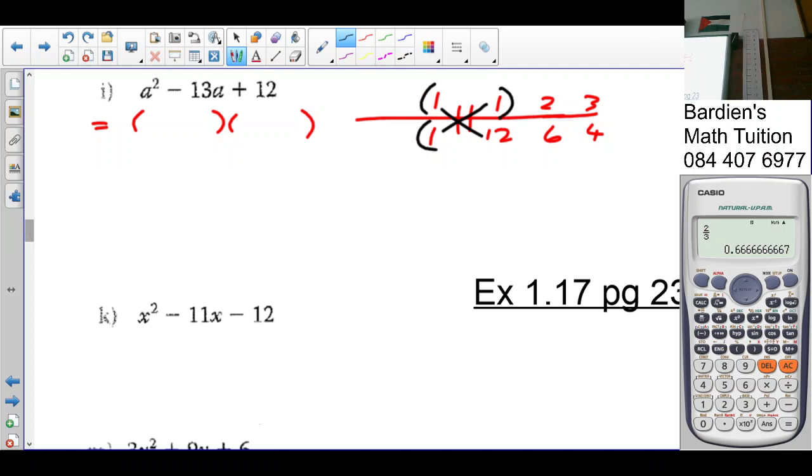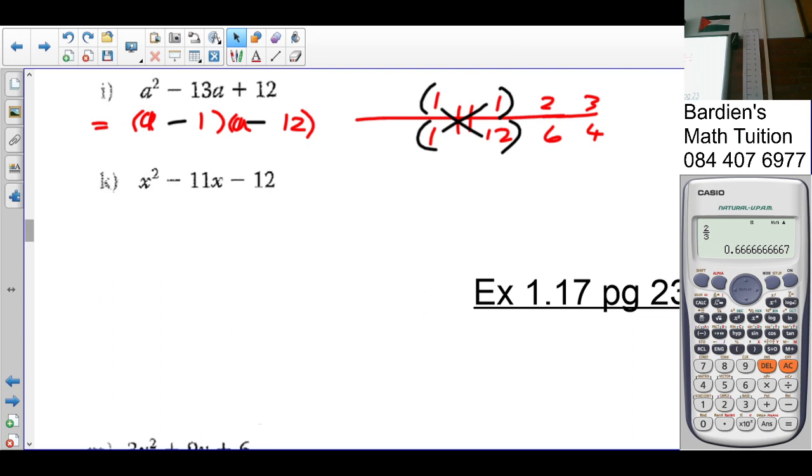So a 1 and a 1, and a 1 and a 12. There's an a squared, so it's a and a. What about our signs? Both must be the same. In this case, both are going to be minus.